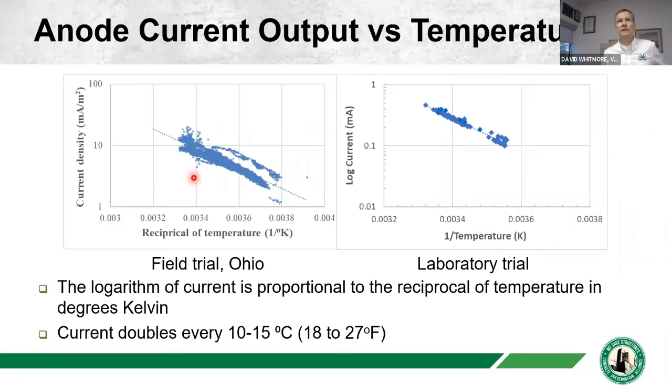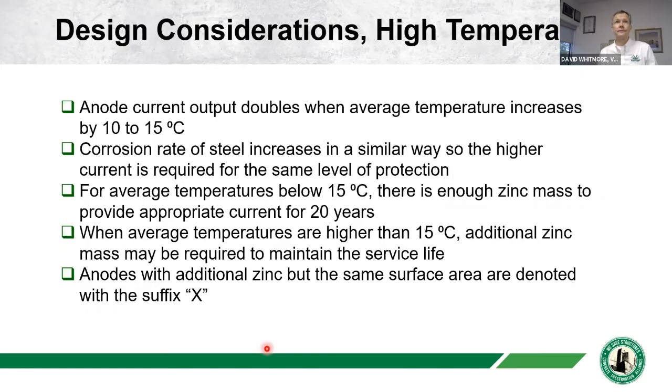If you plot the log of current versus 1 over the temperature in degrees Kelvin, then you'll get a nice straight line like one of these, and the slope will be pretty consistent, at least for a certain type of anode. We see that current doubles from the anodes about every 10 to 15 degrees Celsius that the temperature goes up, and so that's an important thing to take into account.